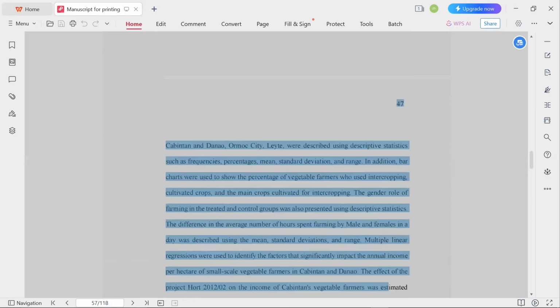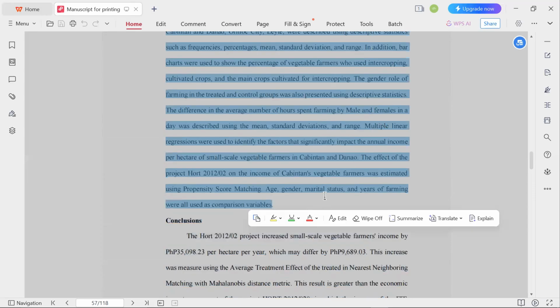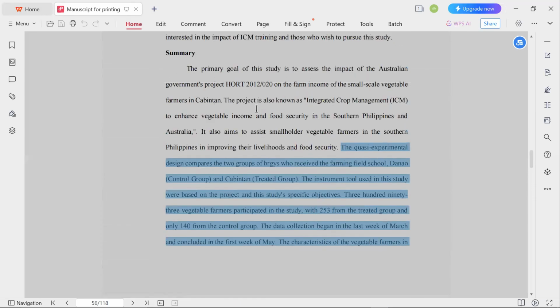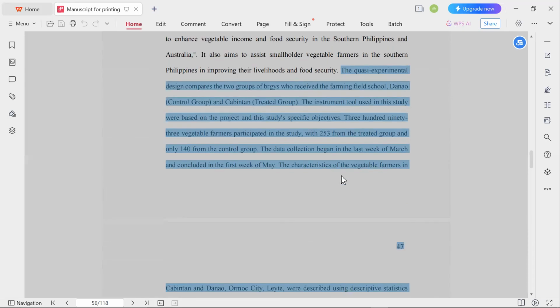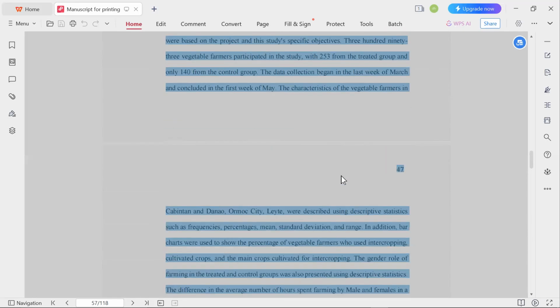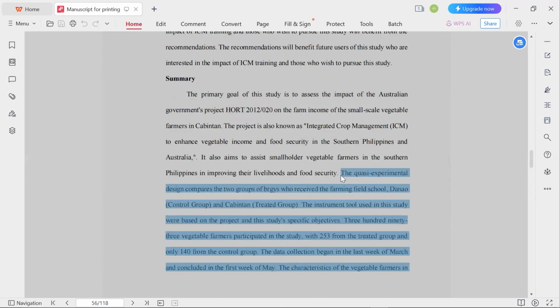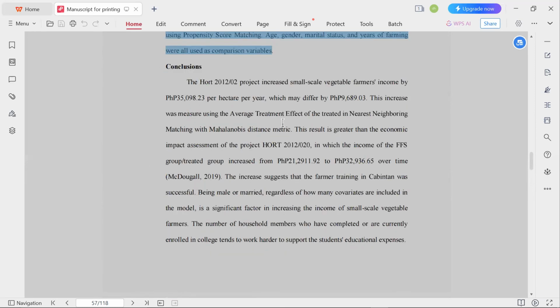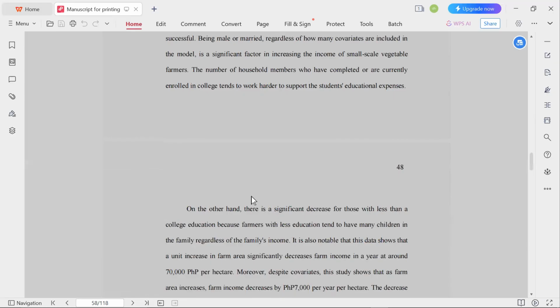This part is usually just the summary of your methodology. So after stating the goal of your study and the respondents, you go directly to the summary of your methodology. So that's how the summary is done. Then for the conclusion, you just get the important details in every table in your results and discussion, and then you mention and conclude.